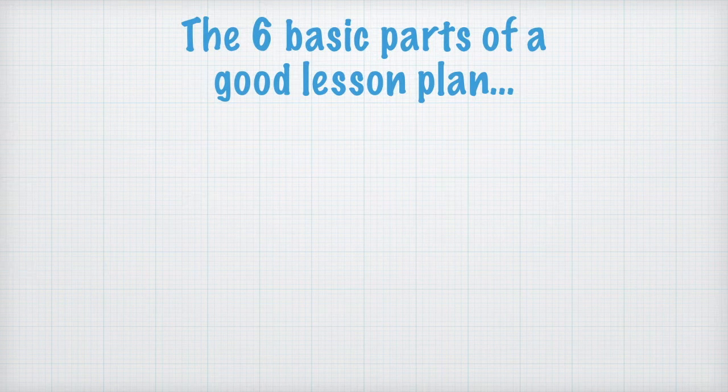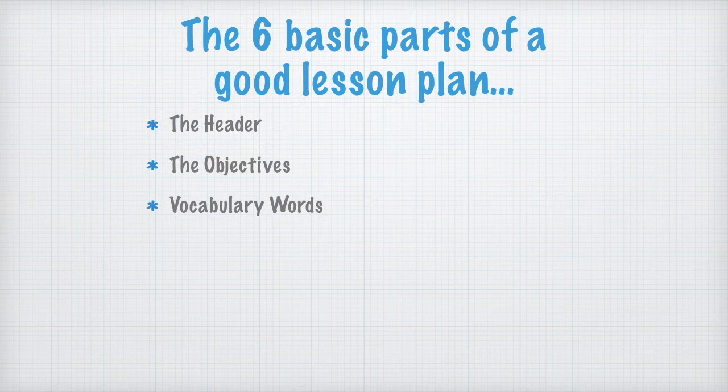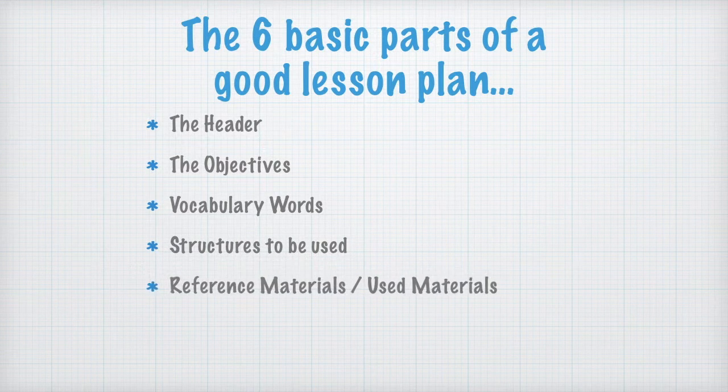Let's talk about the 6 basic parts of a good lesson plan. We start with the header, the objectives, vocabulary words we are using, structures to be used, reference materials, used books, used materials, and most important part, of course, the procedure.